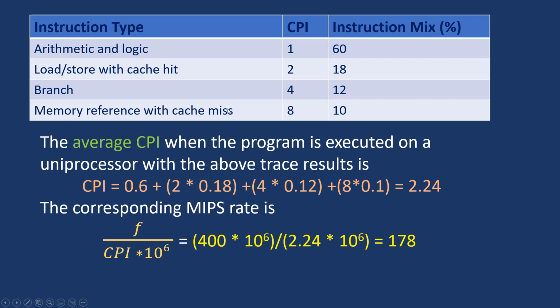Memory access for the cache miss: if the data is not in the cache, the data has to be loaded into the cache. That's going to use 8 CPI, and this is 10%. From here you already get an idea. It's better to have a big cache memory, so that you do not need to wait for 8 cycles per instruction.